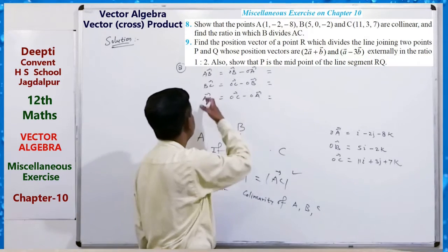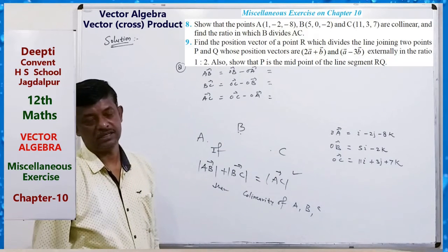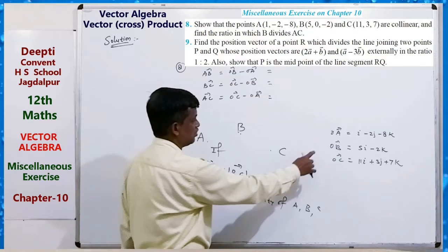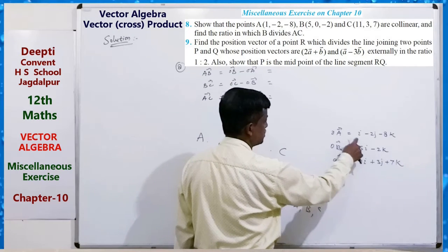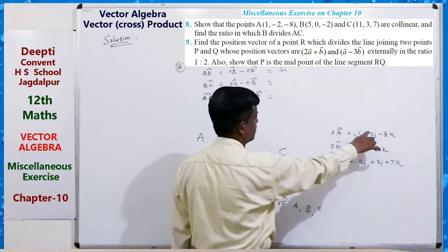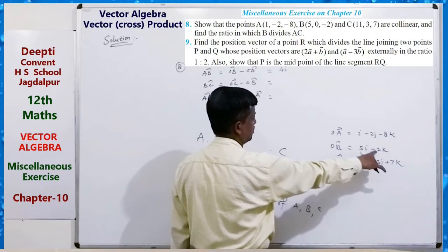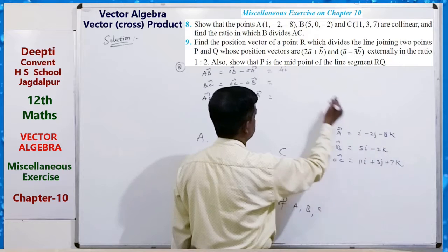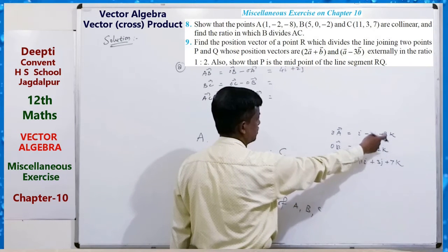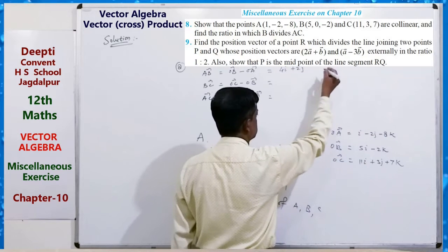Now we have to find AB, BC, AC. Use OB minus OA: this minus this is 4I plus 2J plus 6K.